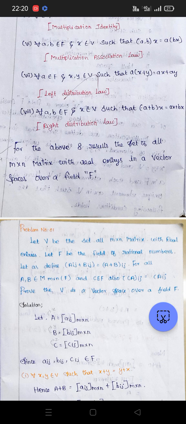The vector space has 4 operations. The 4 operations satisfy the 8 conditions, which means that V is a vector space over a field F.